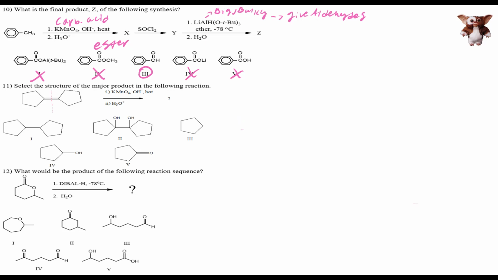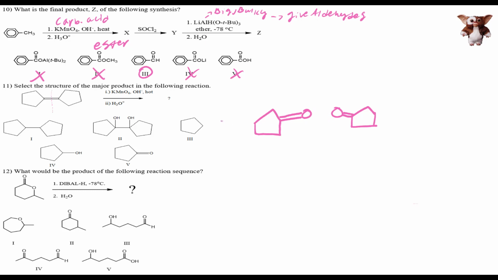Okay, so what happens now is that we have a cyclopentane with a cut alkene. Okay, so it's cut. Let's do this. And this is like an Ochem 1 reaction. Kind of weird that it would be brought up again, but here we go. Essentially, you can just add an oxygen right there and an oxygen right here.